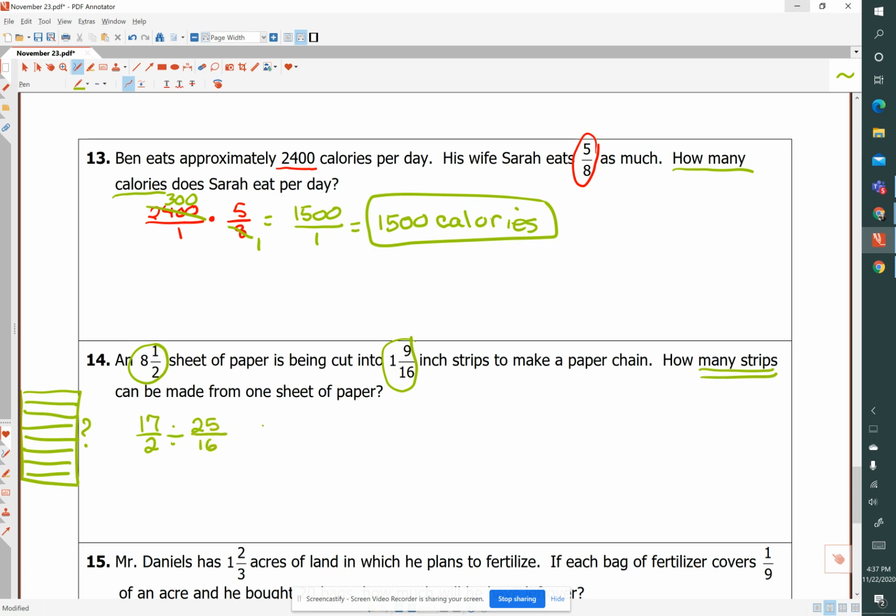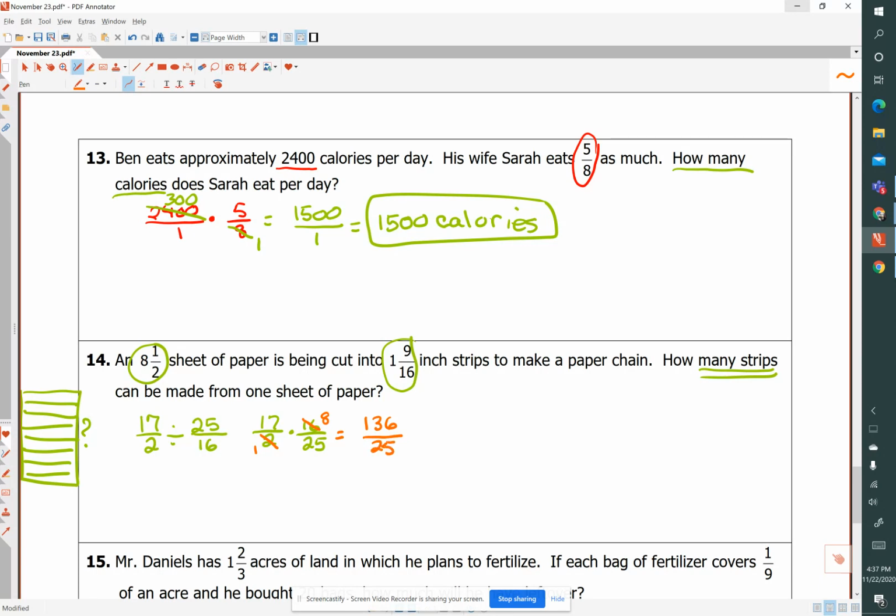Now, rewrite this as multiplying by the reciprocal. And we can simplify a little bit. 2 divided by 2 is 1. 16 divided by 2 is 8. 17 times 8 is 136. And 25 times 1 is 25.